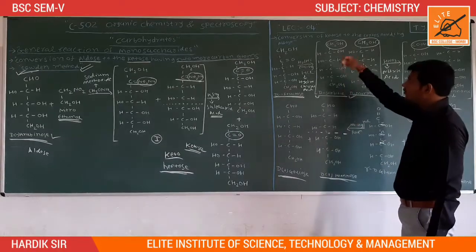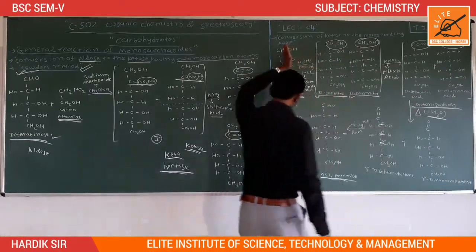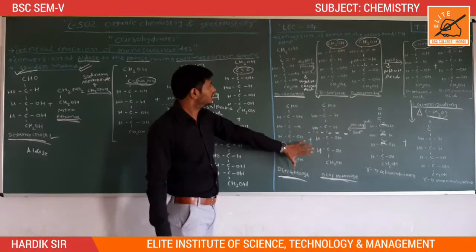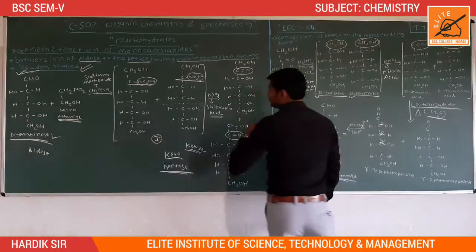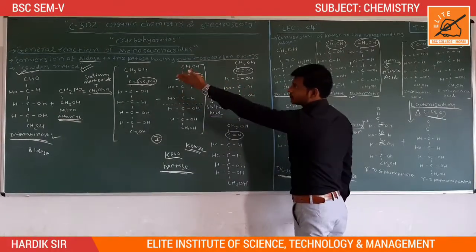So that is the conversion of ketose to the aldose. This conversion is different from our first conversion of aldose to the ketose.